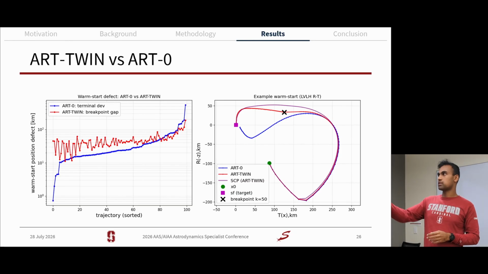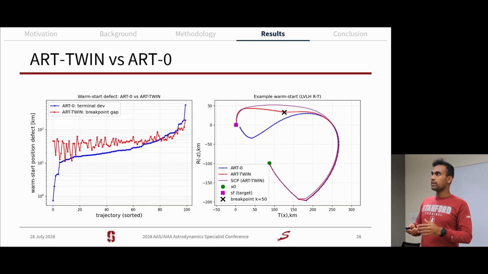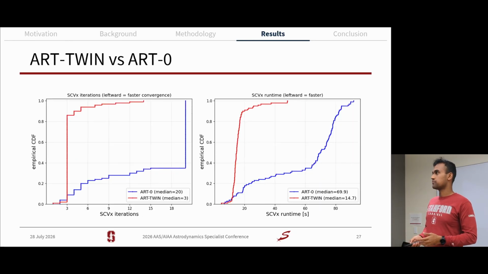And we can see on the left-hand side that there's a good amount of error in the midpoint breakpoint gap of ART twin, but even in some cases a large amount of error in the terminal deviation for ART zero, the terminal state error. And what this leads to is that in a lot of cases, ART zero is unable to converge at all.